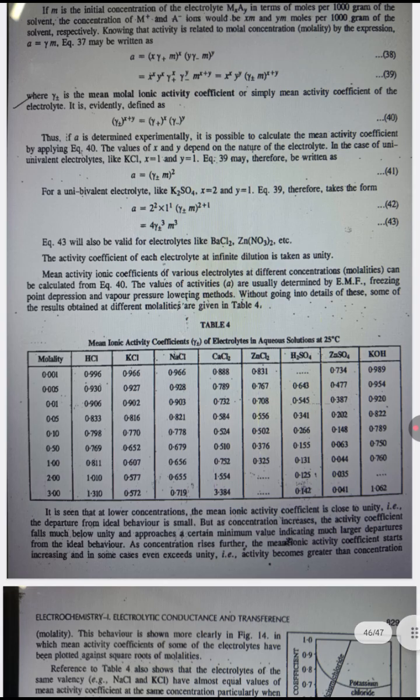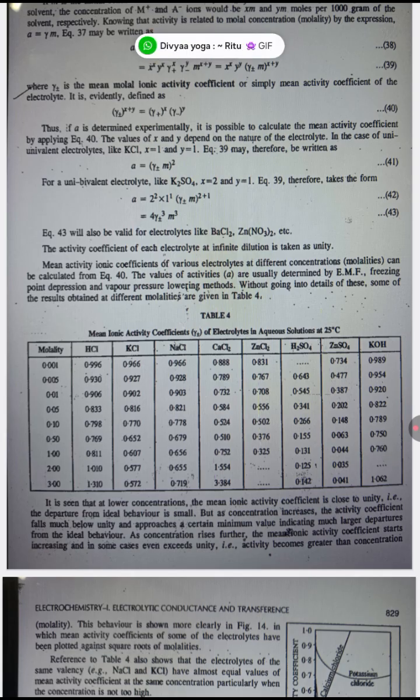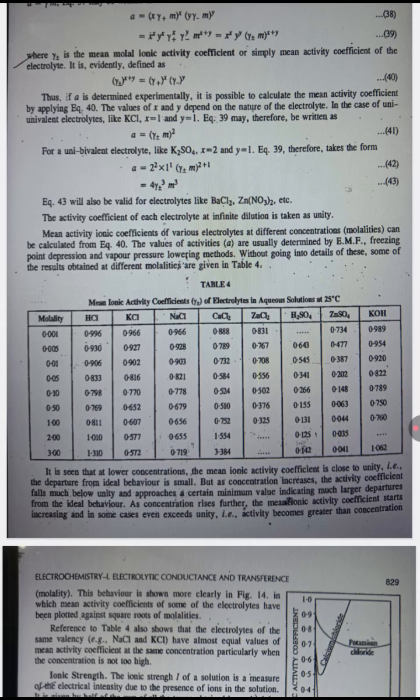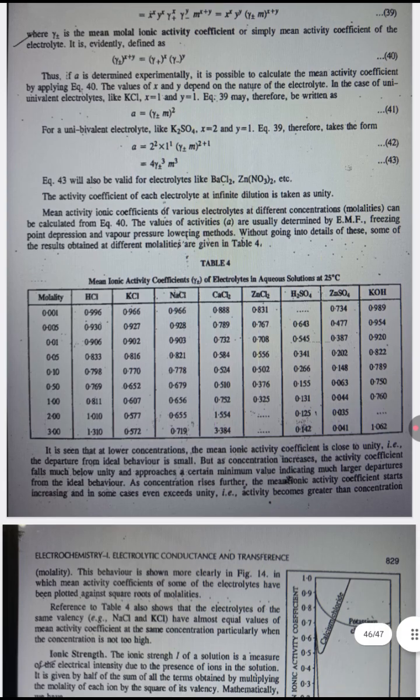Knowing that the activity is related to molar concentration, molality, by the expression a = λm, equation 37 may be represented as a = (xλ+m)^x × (yλ-m)^y, equation 38, equals x^x y^y λ+^x λ-^y m^(x+y) equals x^x y^y (λ± m)^(x+y), equation 39, where λ± is the mean molar ionic activity coefficient, or simply mean activity coefficient, of the electrolyte.